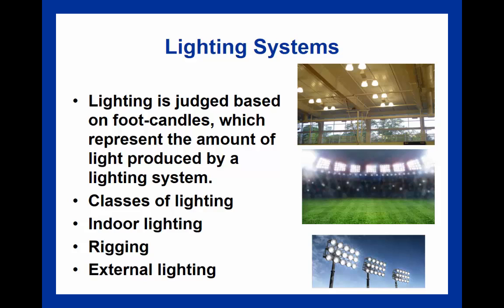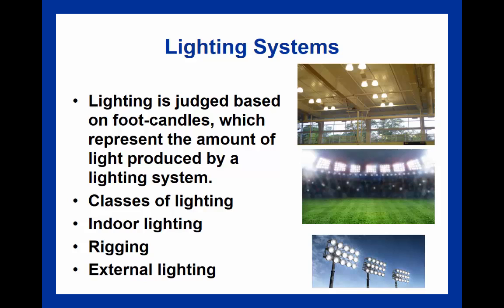The textbook also talks about external lighting, the lights on the outside. So it could be the other two pictures on the lower right-hand side of the PowerPoint. External lighting, really what we're talking about here is quantity and quality. And the factors of external lighting really relate to the uniformity of the light on the field.